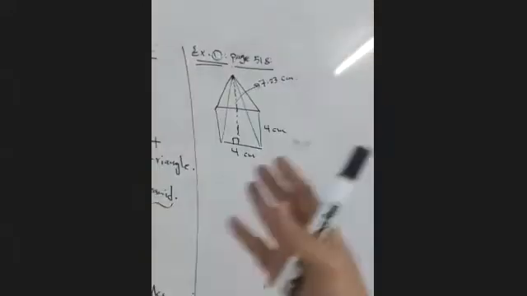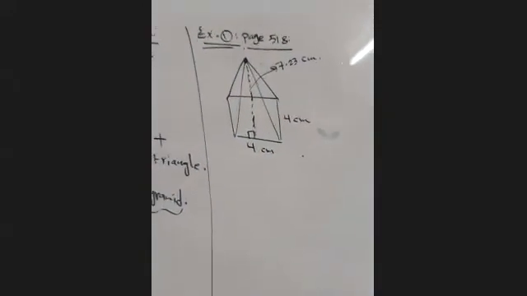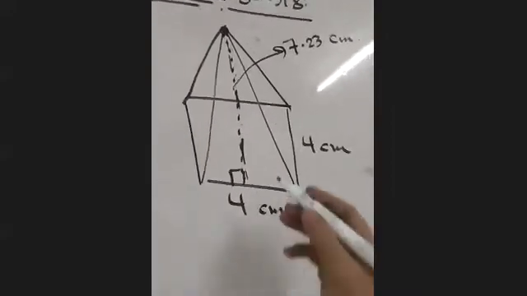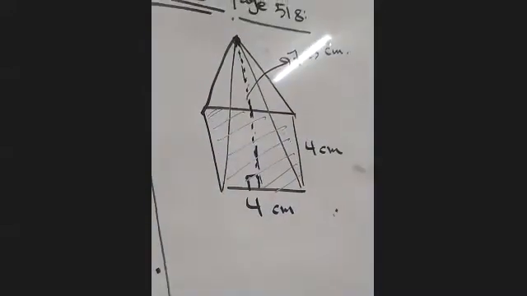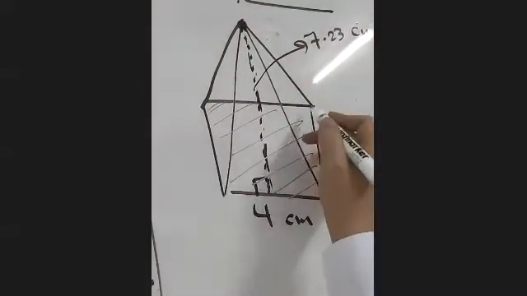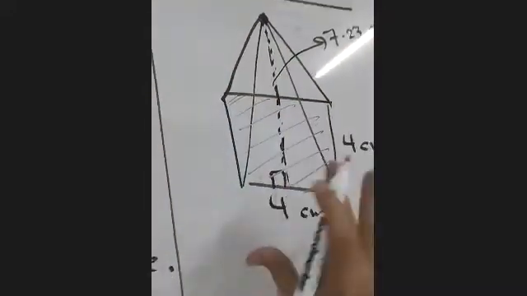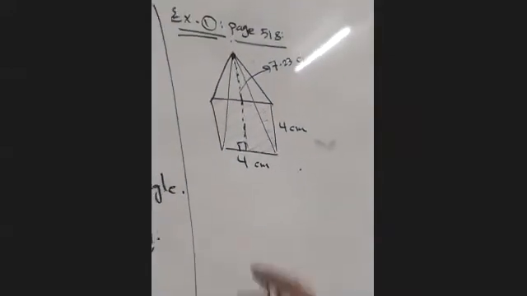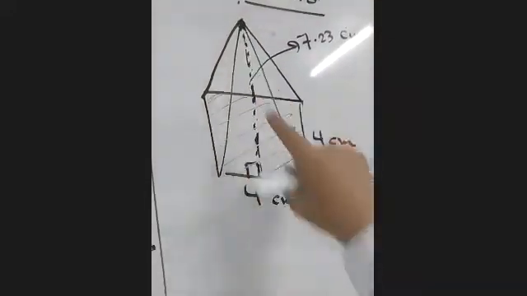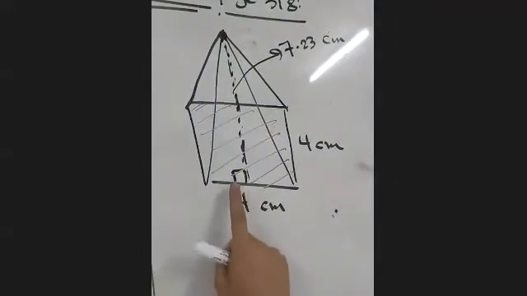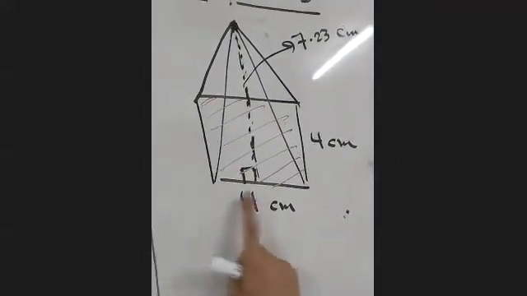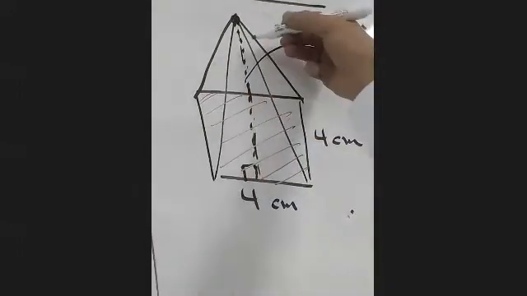Focus, guys, to understand the whole figure here. Down, we have a square, 4, 4, 4, 4. And the height of all of the triangles, not only this one, this is the height of the pyramid, 7.23, because it has a right angle with the base. Don't forget, this is not the height, guys.